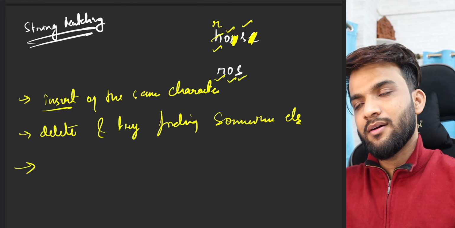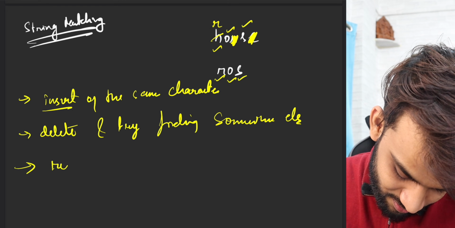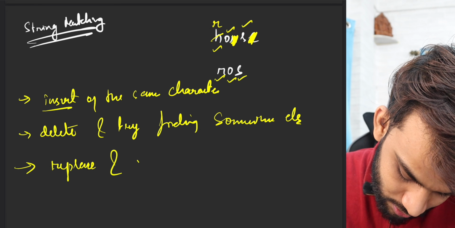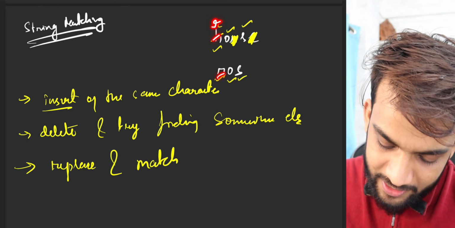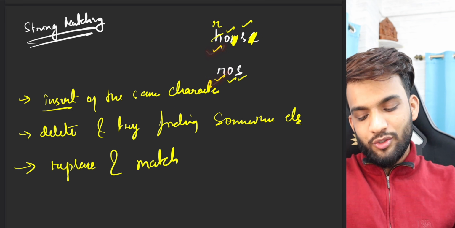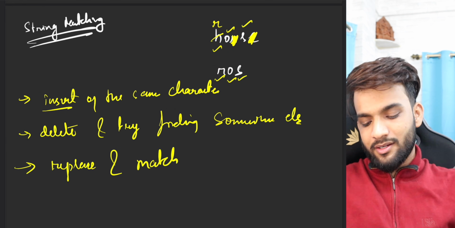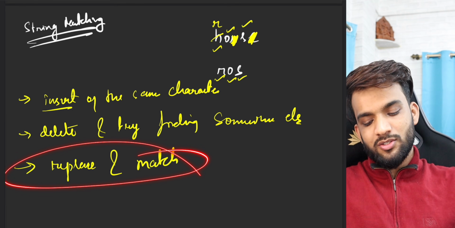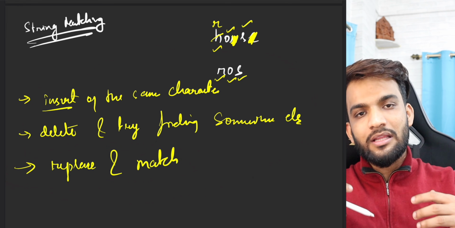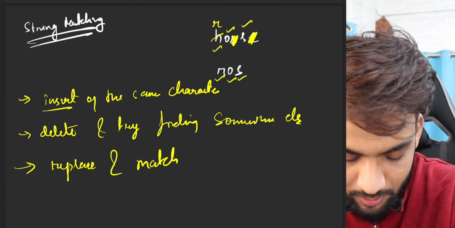Or I'll be like, I'll try to replace and match. Similar to what we did here. This was not matching, so I tried to replace and they got matched. So I can insert the same character, I can delete and find in the string, or I can replace and match. So these are the three operations that I can think of during string matching, right?